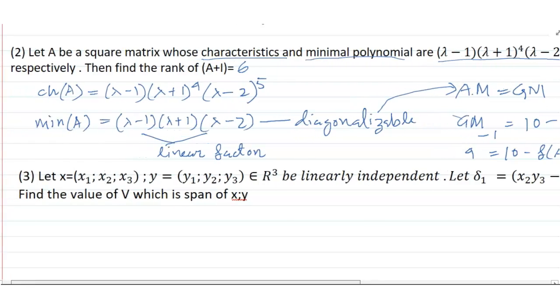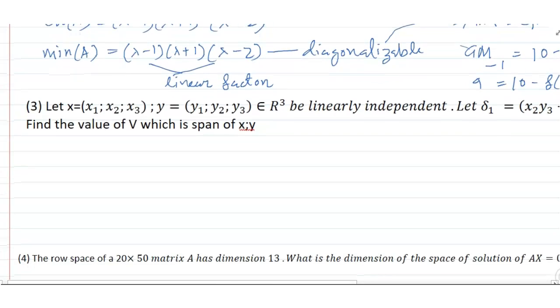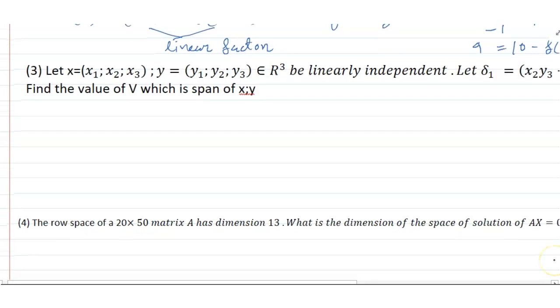Now I will solve another problem. Problem number 3. The problem is that x equals (x1, x2, x3) and y equals (y1, y2, y3) are linearly independent.